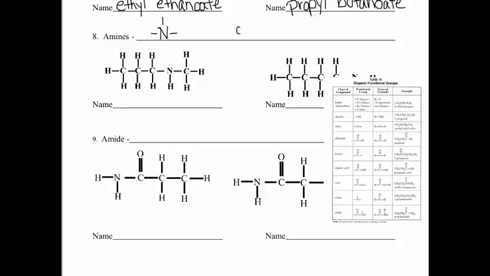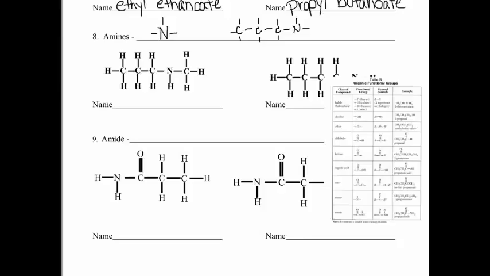We have a carbon with 3 hydrogens, and then next we have a carbon with 2 hydrogens, and then another carbon with 2 hydrogens, which is connected to a nitrogen with 2 hydrogens, like so.